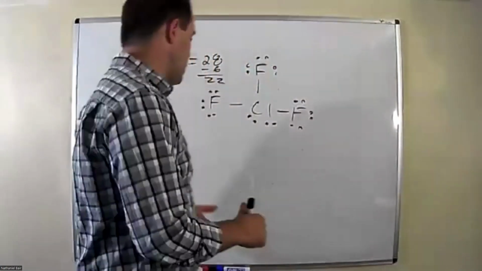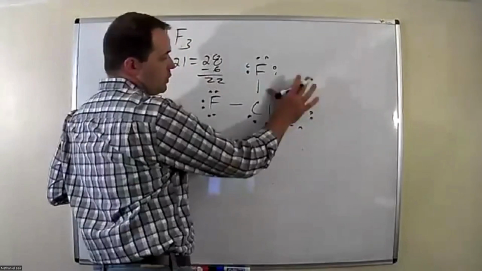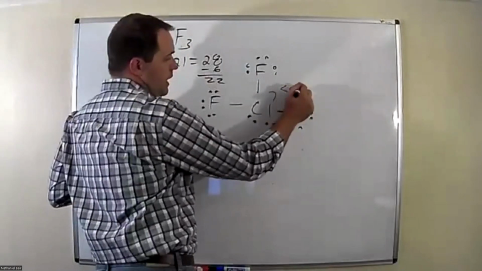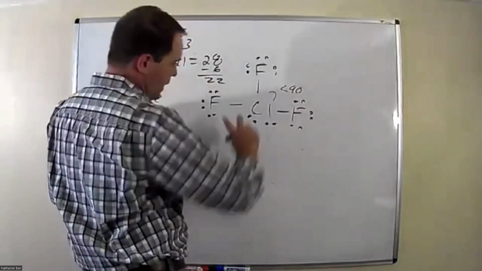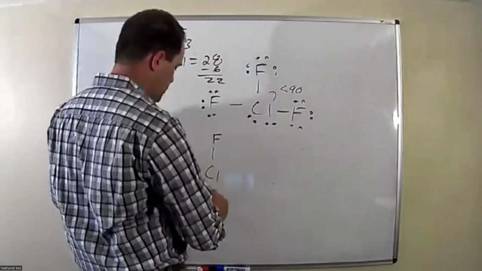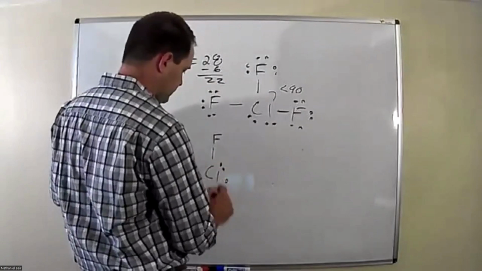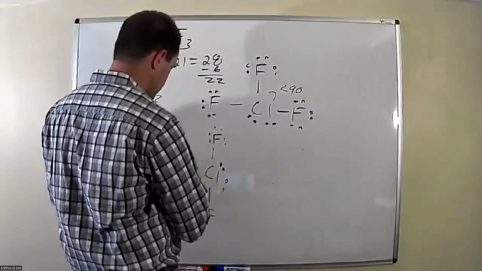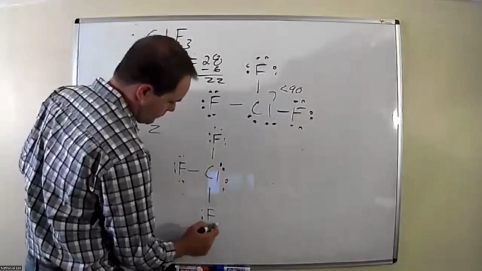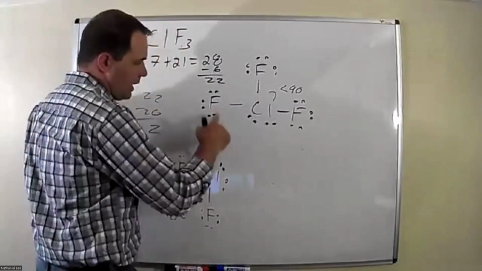So best way to draw it, I would actually accept this as long as you put less than 90. Now, your paper has it spun 90 degrees, and that's totally cool. So this is now less than 90, and it's T-shaped.